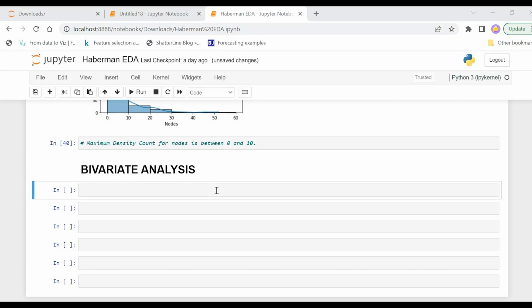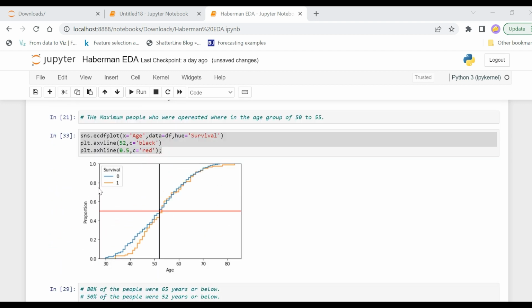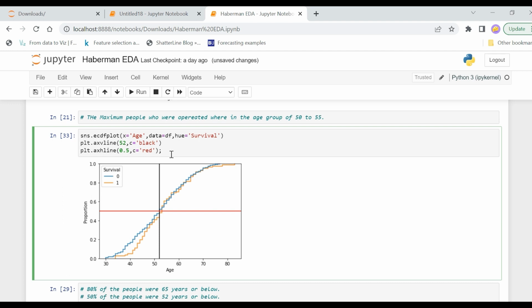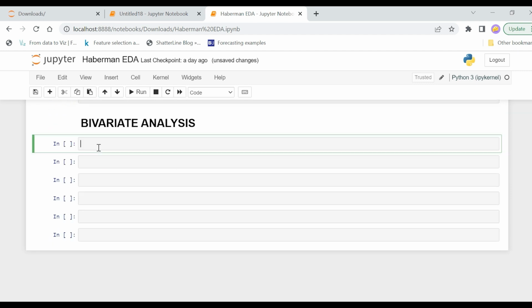And the gist of this bivariate analysis we have already started in this plot, actually a CDF plot. Though we were taking the age, we have taken the hue, the differentiating color, as survival. So this becomes a kind of bivariate analysis as well. But now we will see how the bivariate analysis can be done.